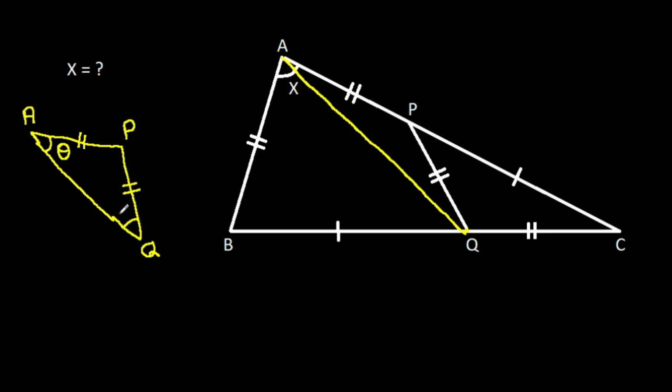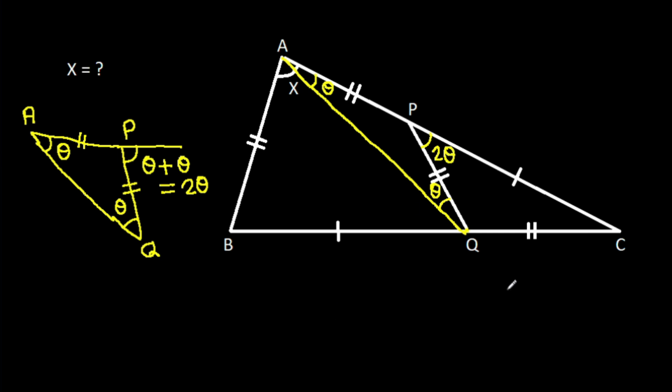Suppose theta. If this angle is theta, then this angle will be theta. So this angle will be theta plus theta, that will be 2 theta. This angle will be 2 theta.